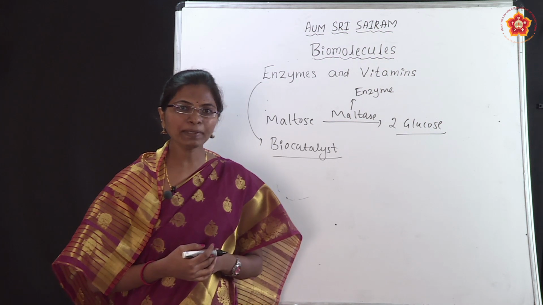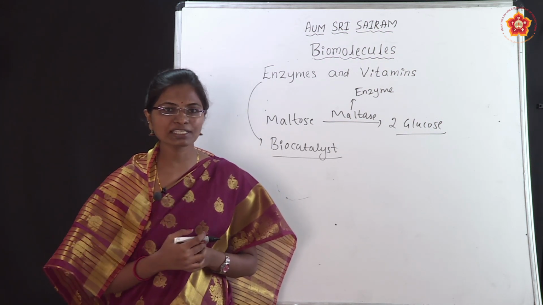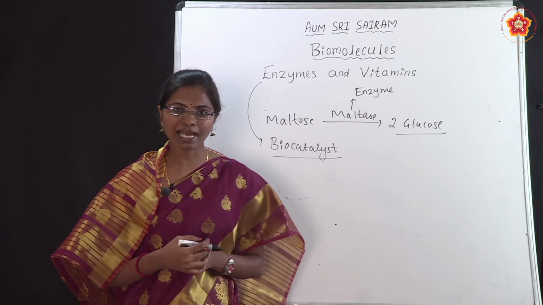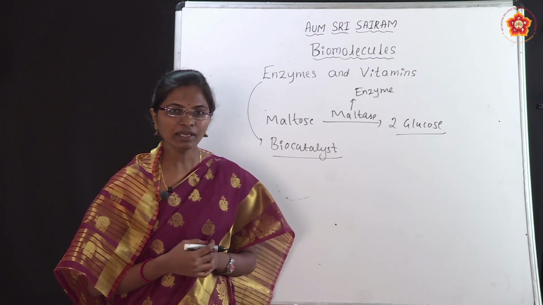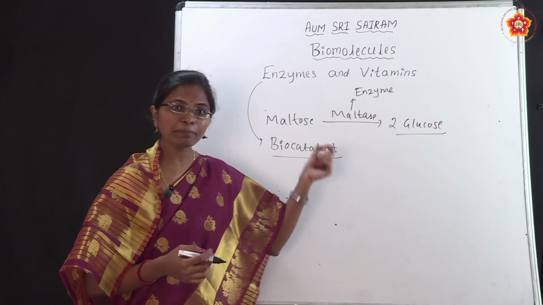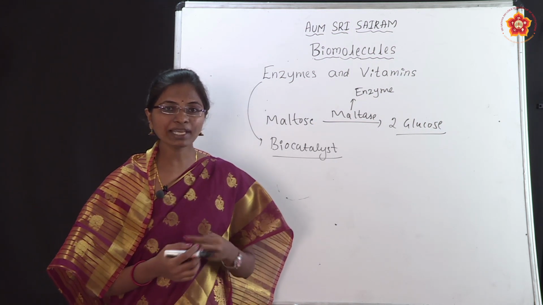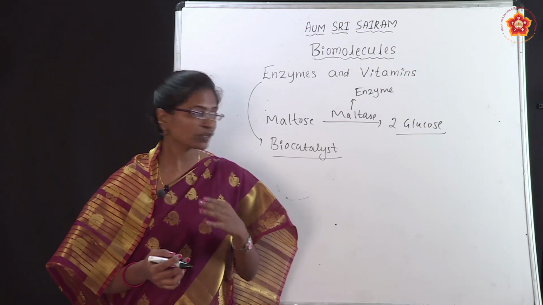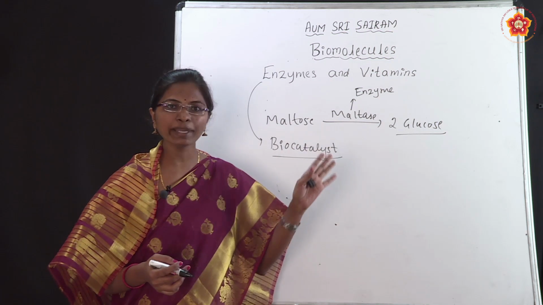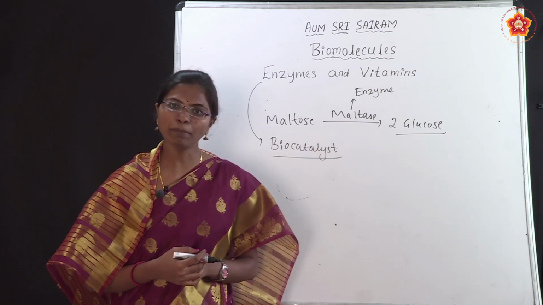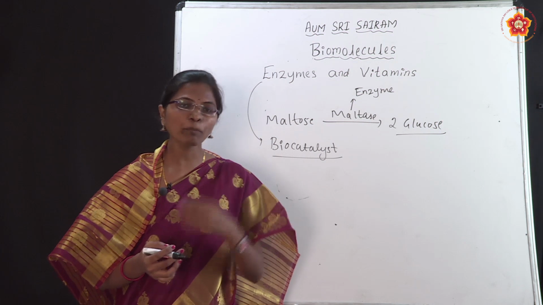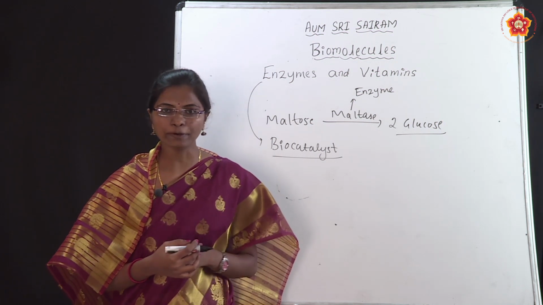For example, you have studied glycolysis in previous biology classes, and you have seen many of the enzymes used in the reactions. So you can understand that without enzymes no metabolism takes place in the body. Enzymes play a very important role in the body.